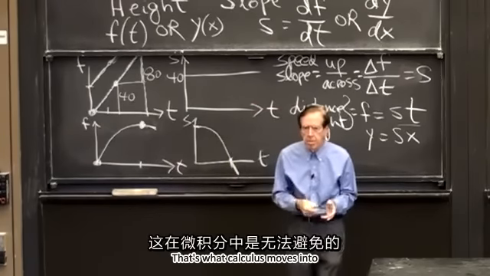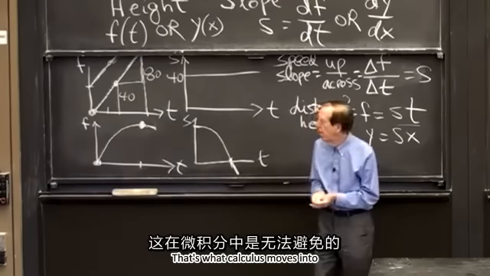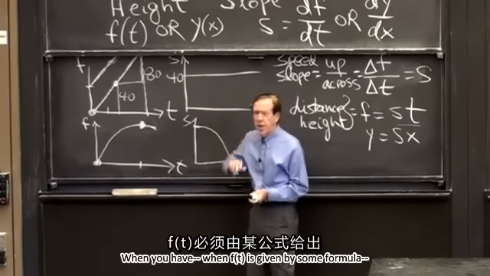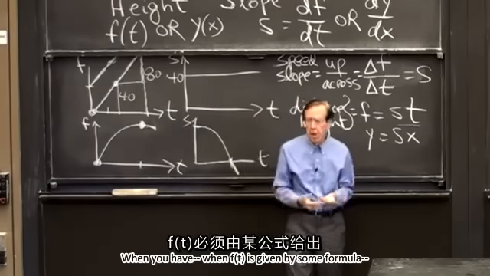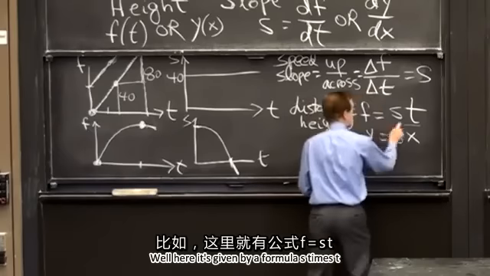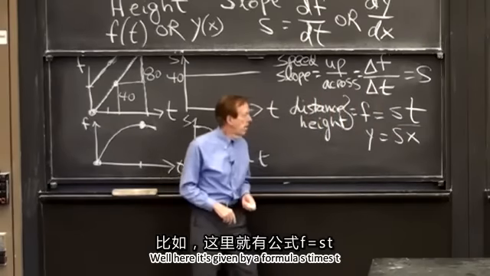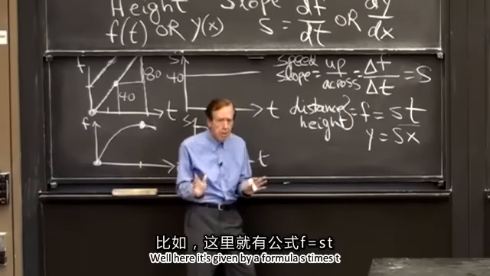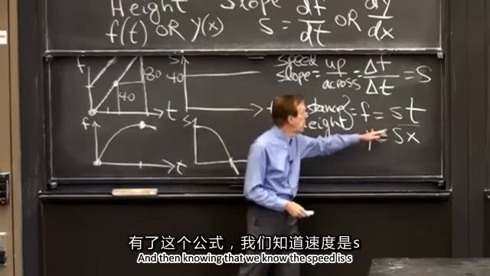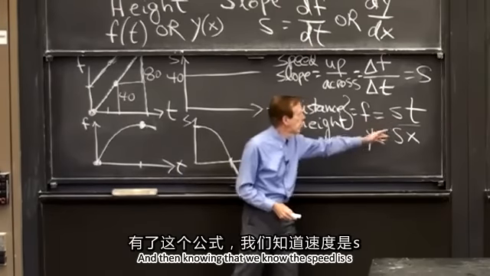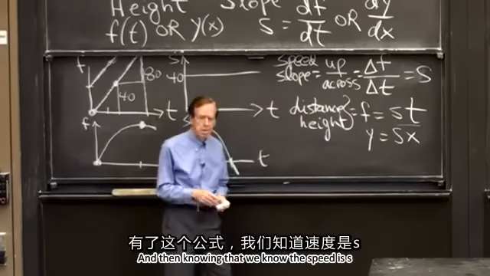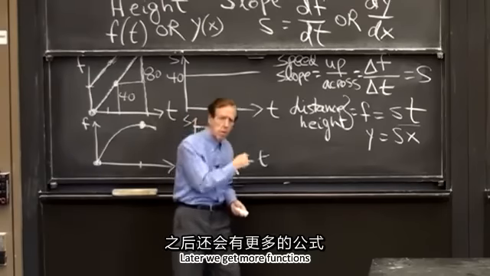That's what calculus moves into, when f of t is given by some formula. Well, here it's given by a formula, s times t. A simple formula. And then, knowing that, we know the speed is s. Later, we get more functions.